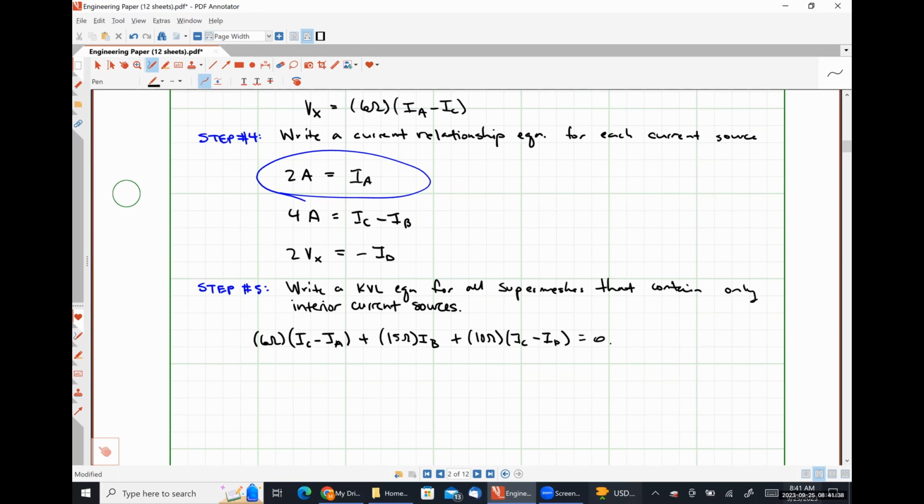And then step 6, which we're not actually even going to need, would be to write a KVL equation for all remaining meshes that do not contain a perimeter current source.